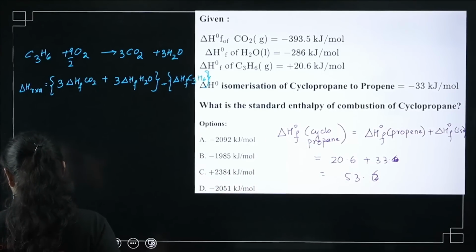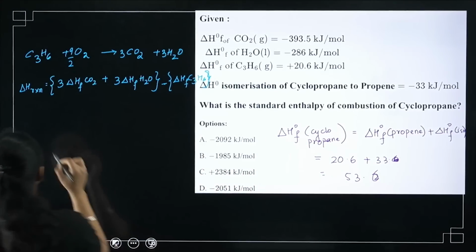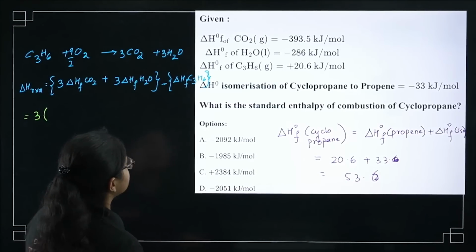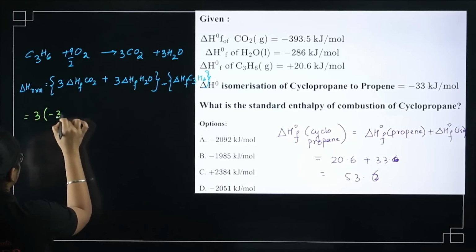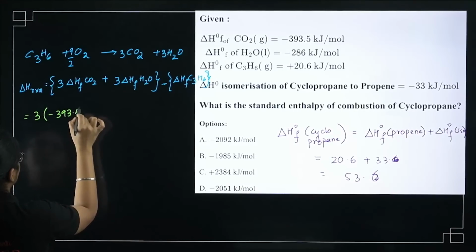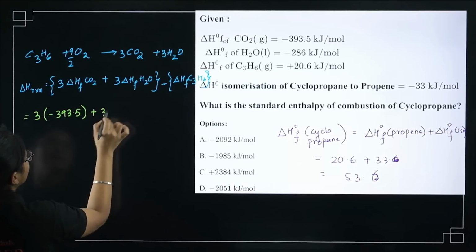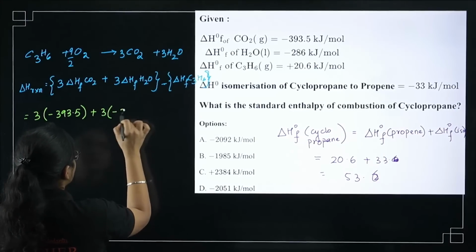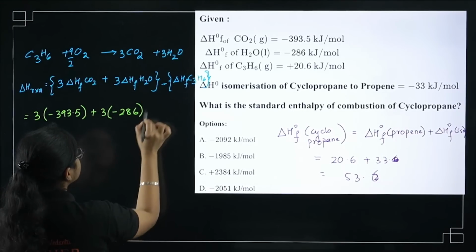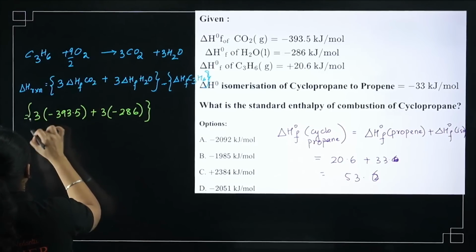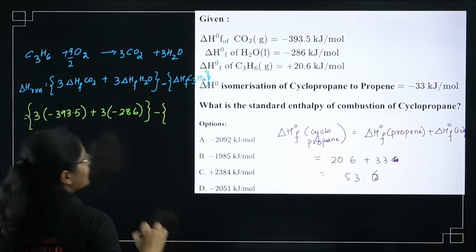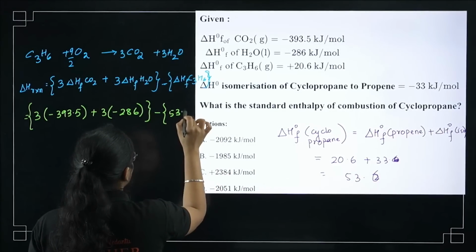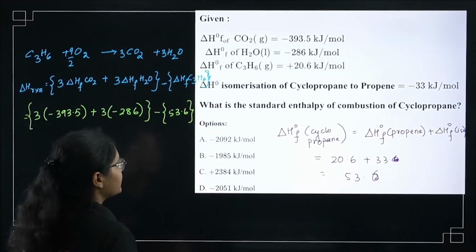Now let me substitute the values. 3 times the enthalpy of formation of carbon dioxide, minus 393.5, plus 3 times the enthalpy of formation of water, minus 286, then minus the cyclopropane enthalpy, 53.6.